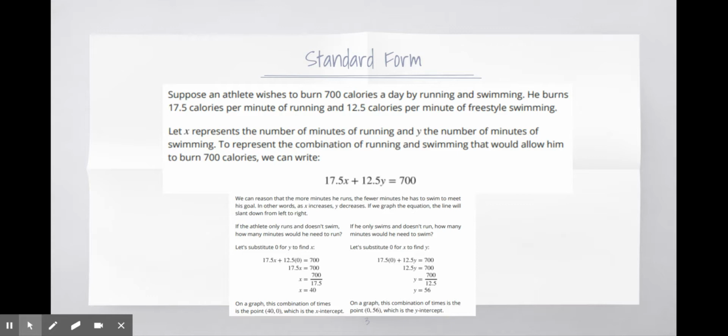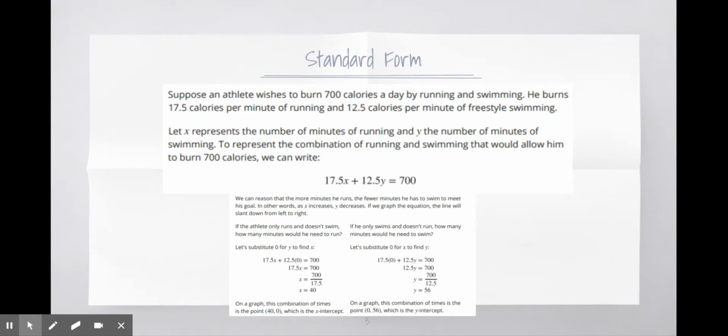And so I wanted to give you just one more real-life example to picture. When we're talking about the X-intercept, the Y value is 0. Or when we're talking about the Y-intercept, the X value is 0. So just take a minute to process what you're seeing there.